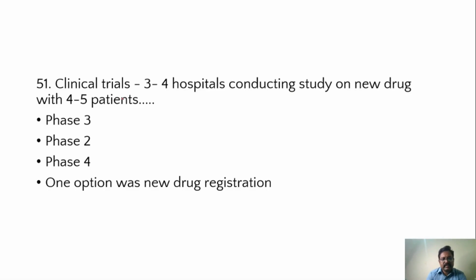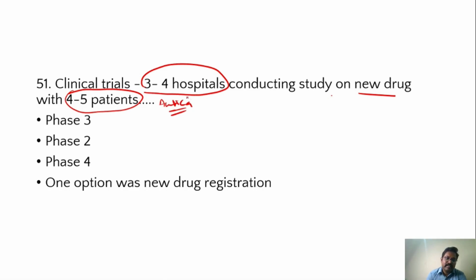Again, this was asked and we got various forms of the question. Clinical trials involving 3 to 4 hospitals conducting a study on a new drug with only 4 to 5 patients. If it were an anti-cancer drug under clinical trial, there can be a chance of including only fewer people.